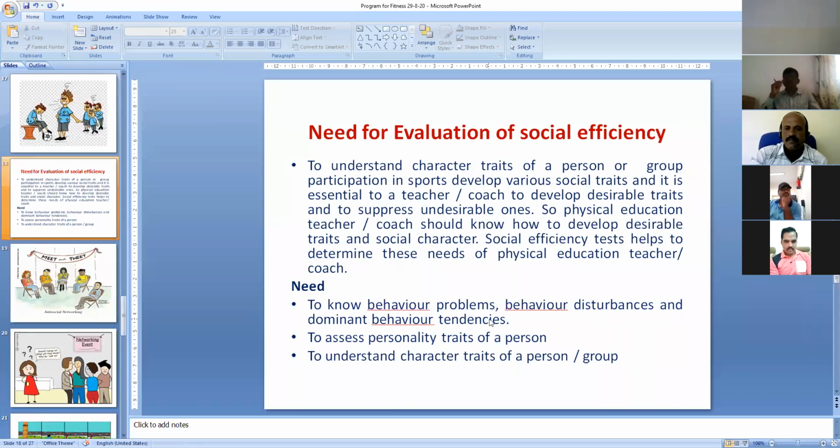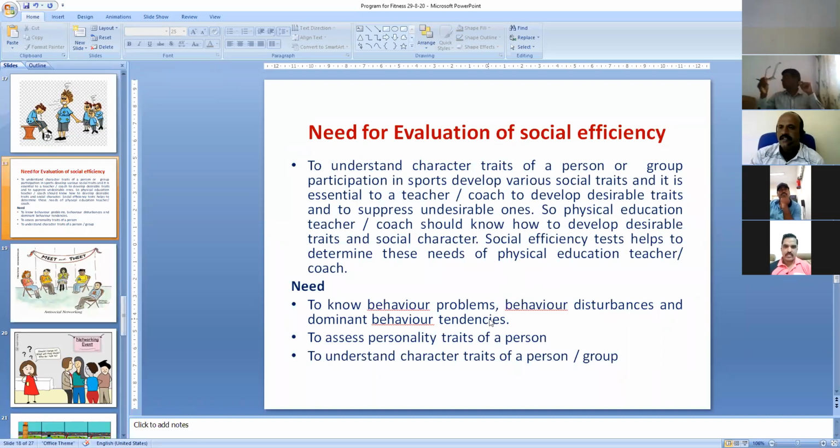Why do we need this? To know the behavior problems of the students. It is very important. We have to understand the behavior of the students. Why is he behaving like that? For example, if a student is always very sad, or very lazy, or very inactive, then you have to find the problem. See, what we do normally, we scold him directly, or we give punishment.